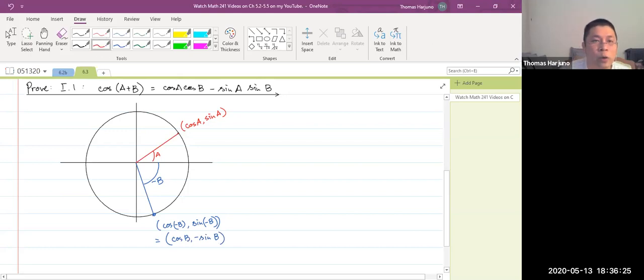That's the starting point. So you see, what is the angle between these two sides, the blue sides and the red sides? What is the total angle in between here?